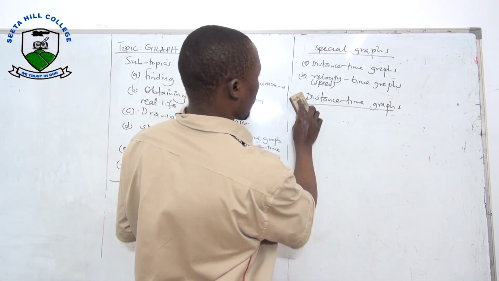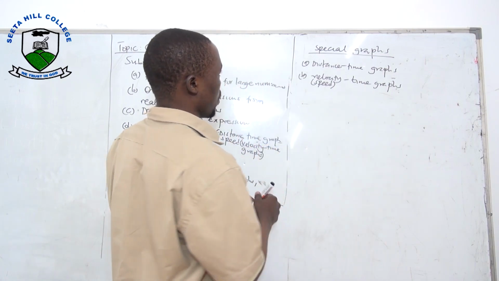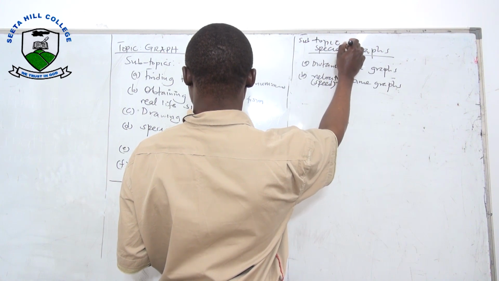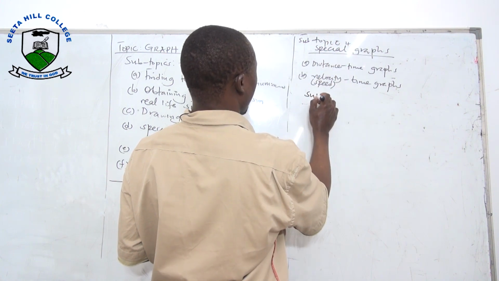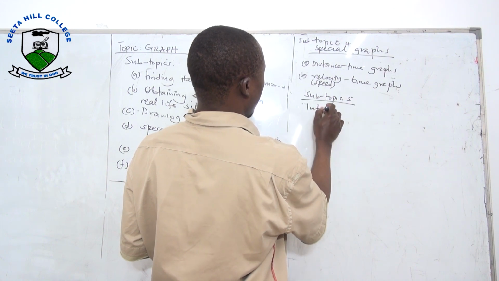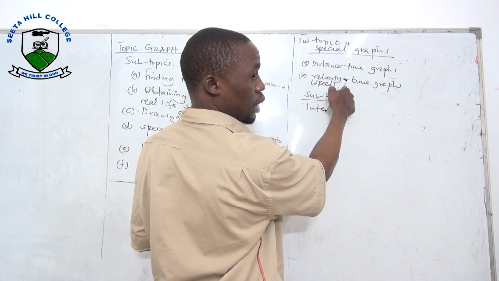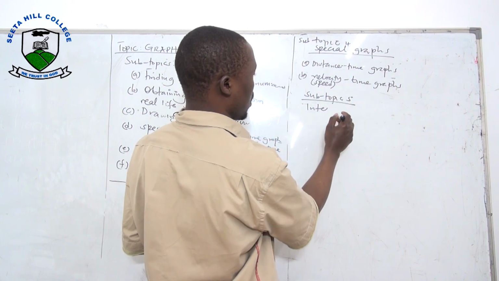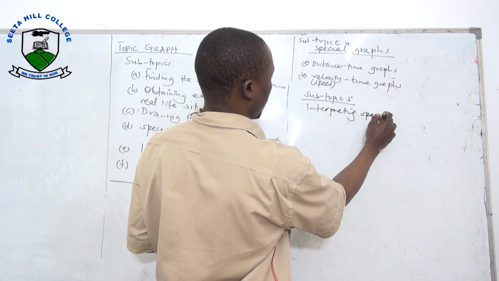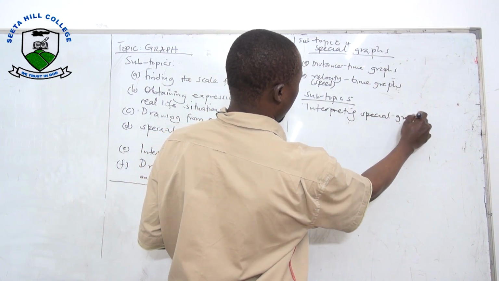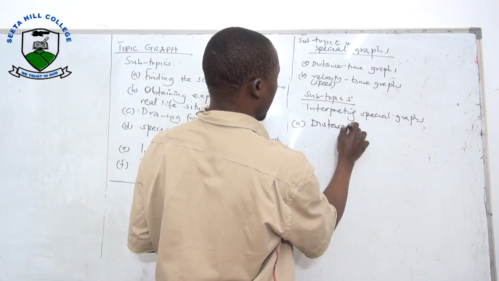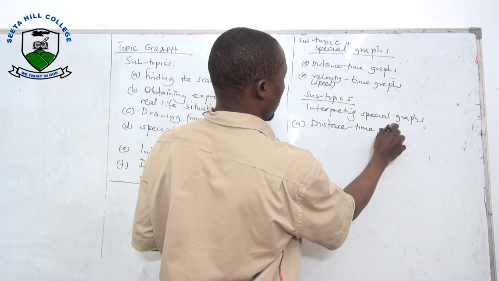Graphs. That is interpreting special graphs. That's subtopic 4. Then subtopic 5 is interpreting them. These graphs, how do we interpret them? Interpreting special graphs, and we are going to start with how you interpret distance time graphs.